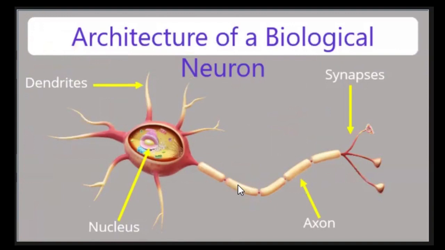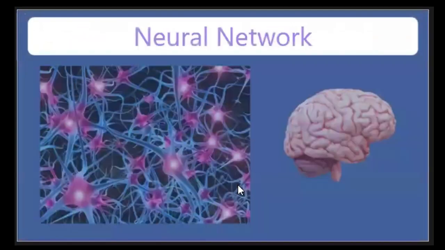So if you design this, it's getting an input, making some decisions over here, and communicating through a certain path to the other neuron's dendrite. So this is the concept of a neuron, right?